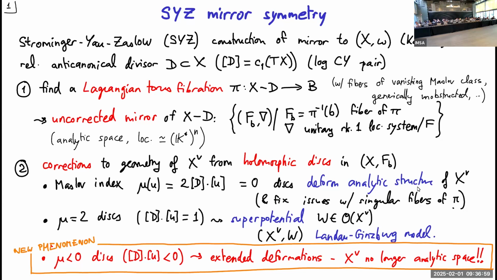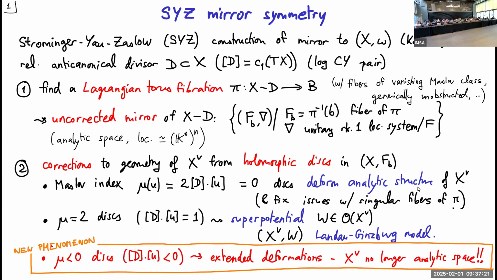In the Fano world, we care about disks now which do intersect the divisor D, and by positivity of intersection, the simplest thing that you might see is a holomorphic disk that hits D transversely once. These disks have Maslov index 2. They come in higher dimensional families. They are actually everywhere.